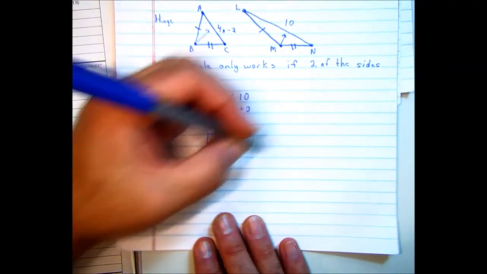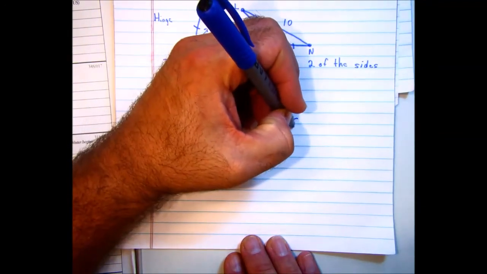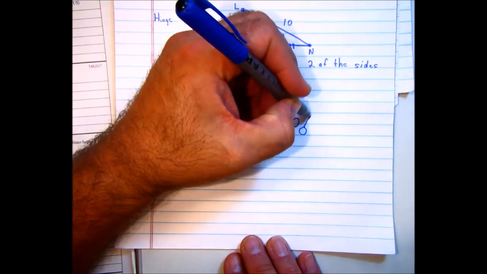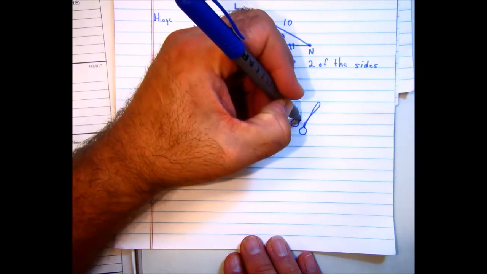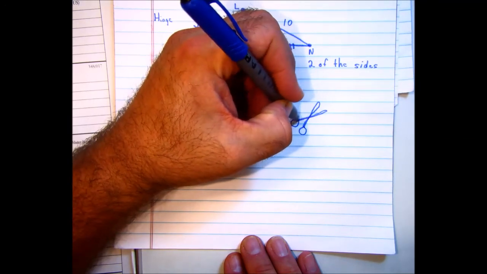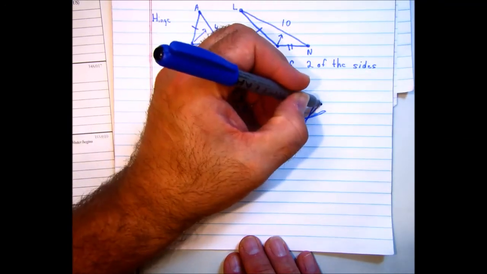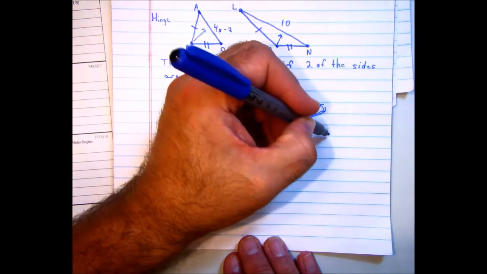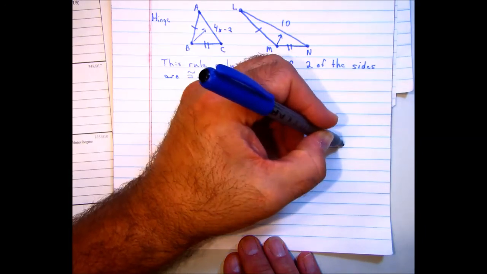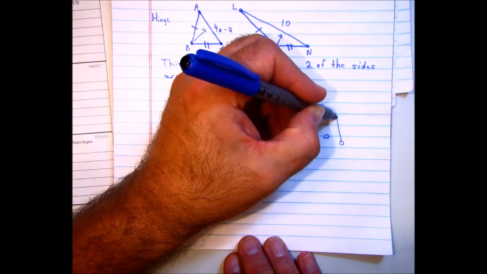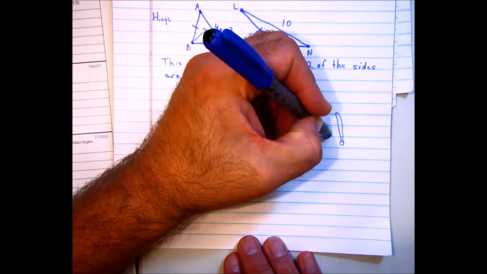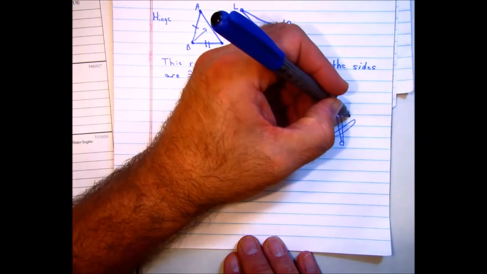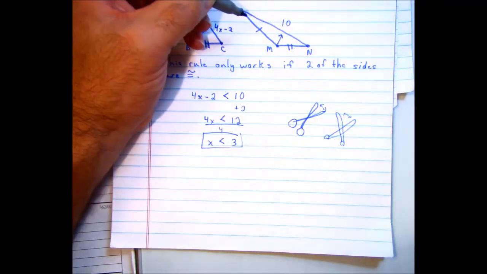Now, I'll show you. Scissors look like this, right? And here's one pair of scissors. Okay? And they're talking about this distance. And then here's my other pair of scissors. Okay?